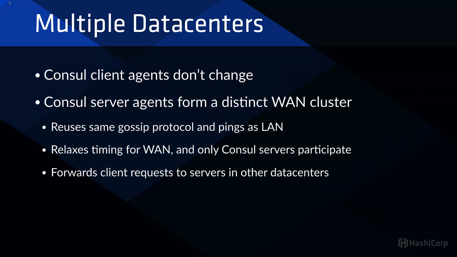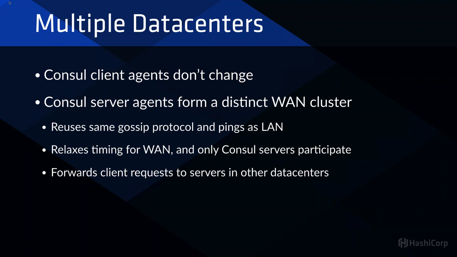So when we summarize it, within a data center, you want everything to be a fully connected mesh. And then between the data centers, you need the server agents to be in a connected mesh to do this WAN clustering. And the one new detail about what server agents do when you have multiple data centers is they'll forward client requests to servers in other data centers.